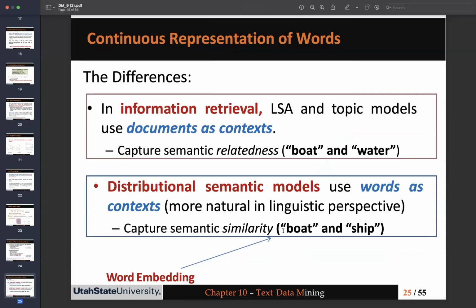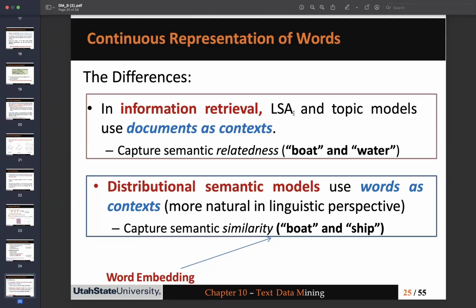Okay, so continuous representation of words. In information retrieval, we're talking about models such as latent semantic analysis, or LSA, and topic modeling. They use documents as context, and therefore they capture semantic relatedness.